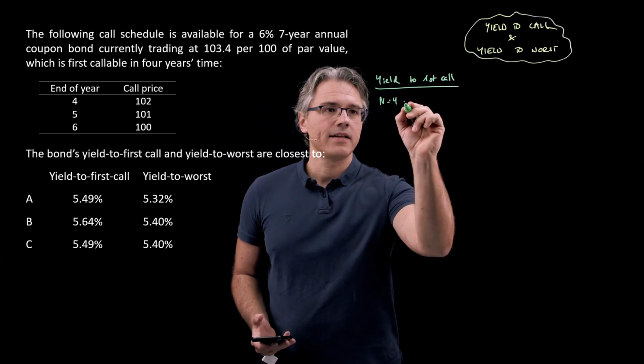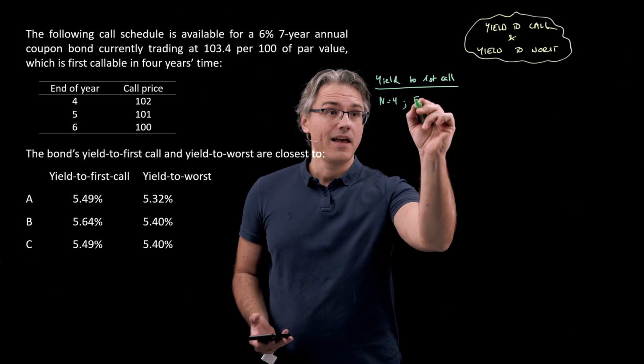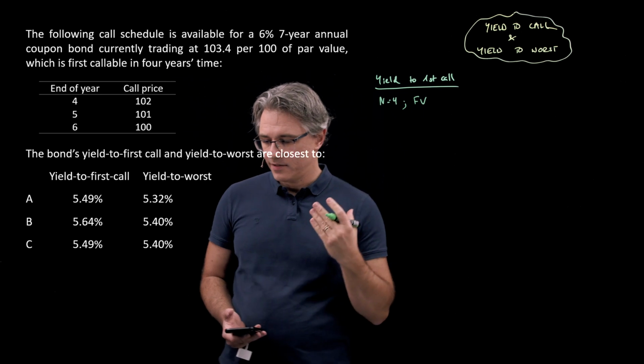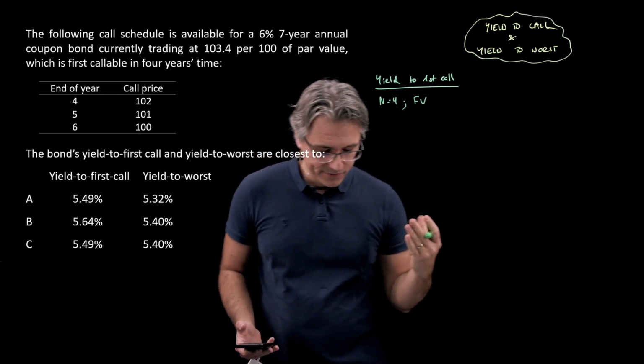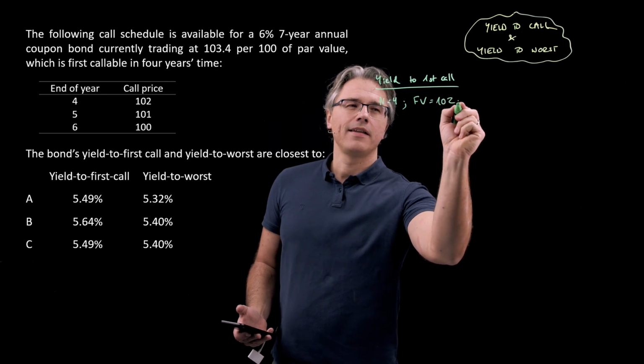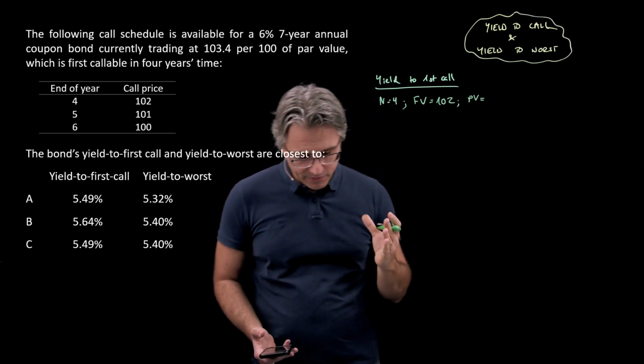And other than that, we'll have the classic set of parameters, but FV, very importantly, the future value, is going to be set at the call price at the end of the 4th year, which, as we can see, is 102 over here.